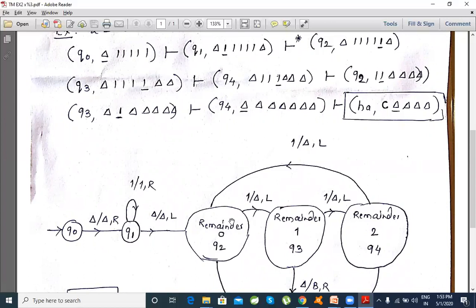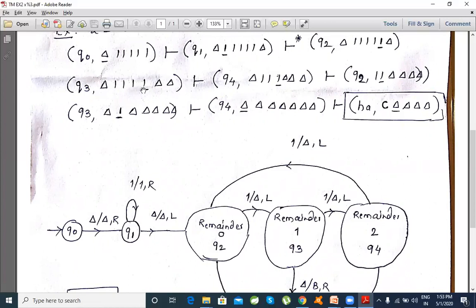Whenever you read a first one, the condition is being in Q2, if you read the one, this one will be replaced by null and the head is supposed to move towards left, and simultaneously we are switching our state from Q2 to Q3. The same terminology holds here. From Q2, when I read the next one, I replace this by null, change our state from Q2 to Q3 and move towards left.